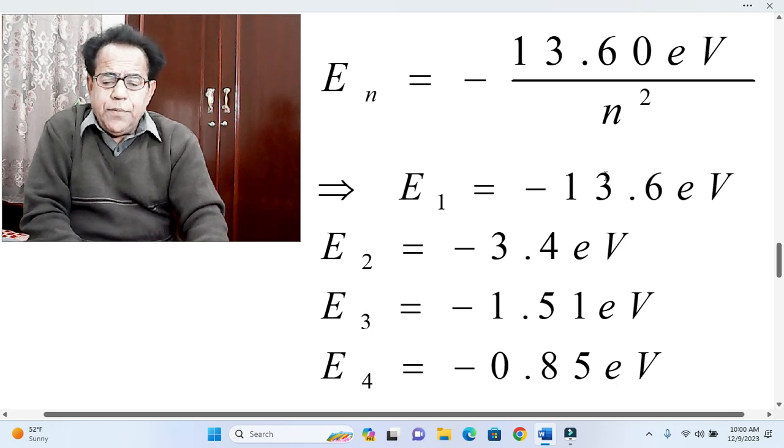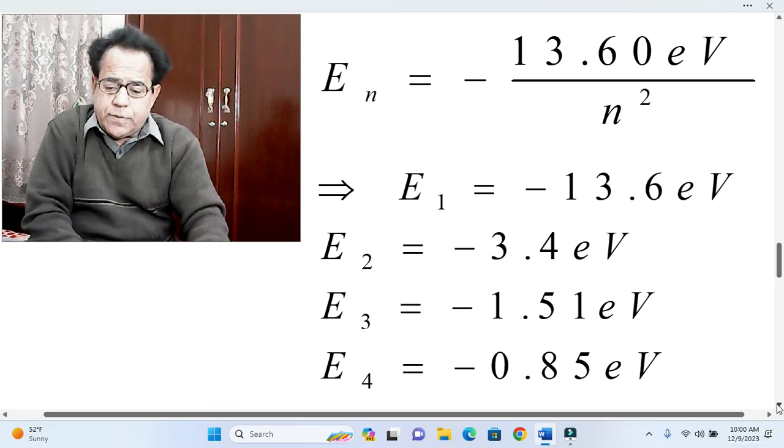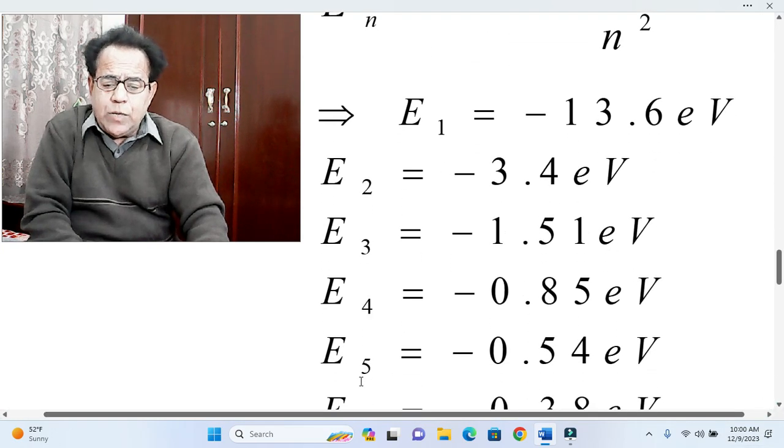E3 will be this value divided by 9, because square of 3 is 9. This value, E4, will be this value divided by 16, because square of 4 is 16. This value, that is E5, will be this value divided by 25, because square of 5 is 25.